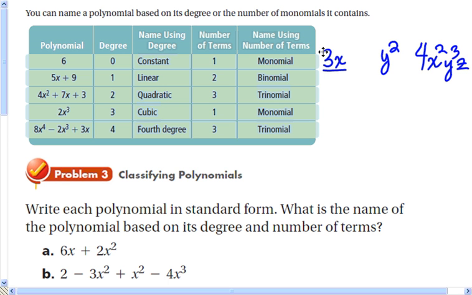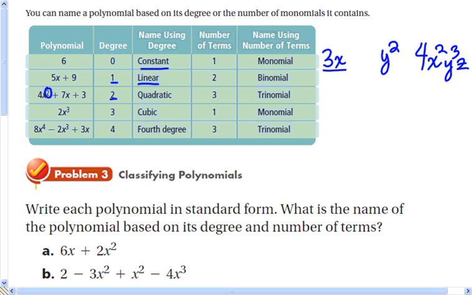If it's a 0-degree monomial, then it's considered a constant. If it's a first-degree monomial, then it's considered linear. And the degree comes from the highest power used in the monomial when it's simplified. So the highest power here is 2, so that's considered a second-degree polynomial.